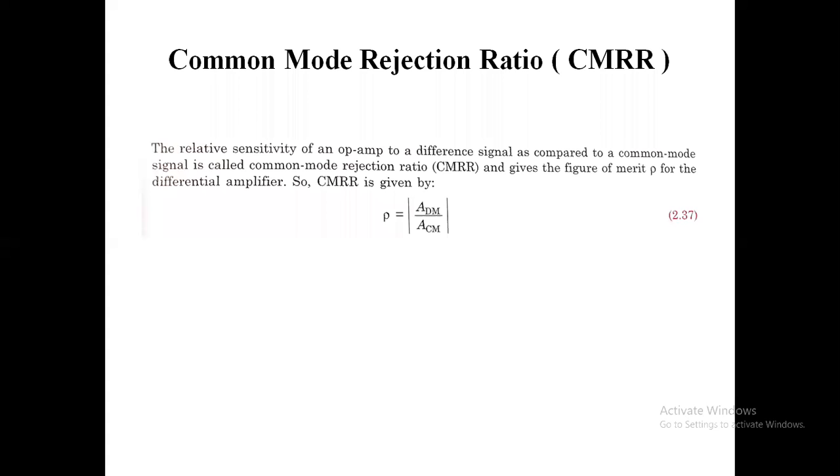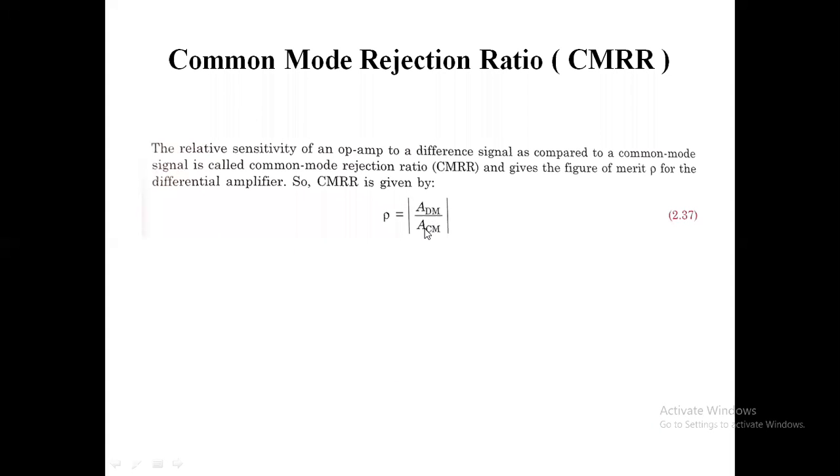This ability of the differential amplifier to reject the common mode signal is expressed as the common mode rejection ratio. It is the ratio of differential voltage gain with respect to common mode voltage gain, represented with rho.